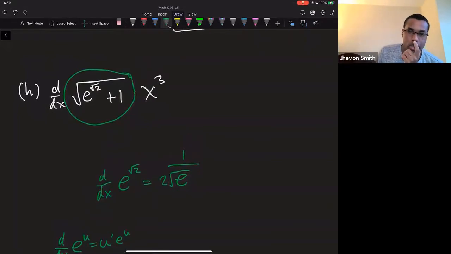But you're already thinking too hard here. What kind of thing is this? Or in fact, this? Is it an exponential function? Is it a polynomial?